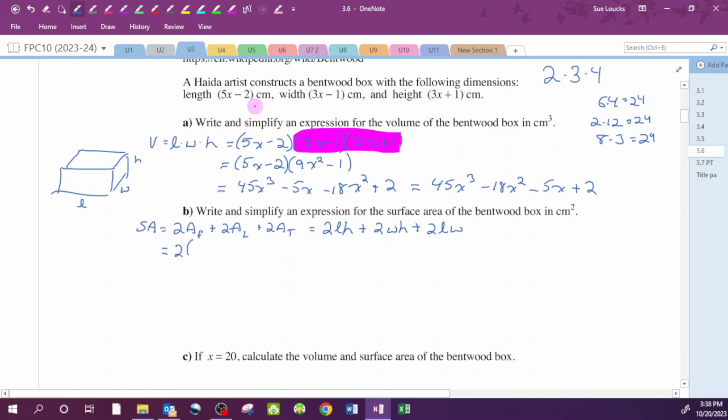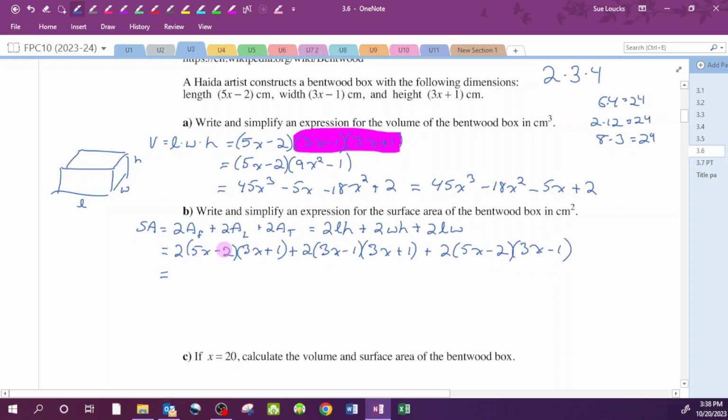Now the length up here was 5x minus 2, and the height was 3x plus 1. And then I'm going to add 2 times the width, which is 3x minus 1, and the height is 3x plus 1. And then the length is 5x minus 2 times the width, which is 3x minus 1.